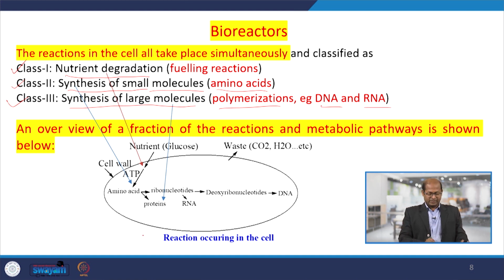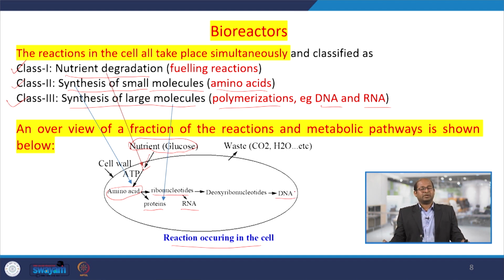So here you can see the reactions occurring inside of the cells. The nutrients that we are supplying enter into the cells and are consumed by the cells, and then some reactions take place, some small molecules, the amino acid formations, and further these are converted into proteins or ribonucleotides, RNA or DNA.